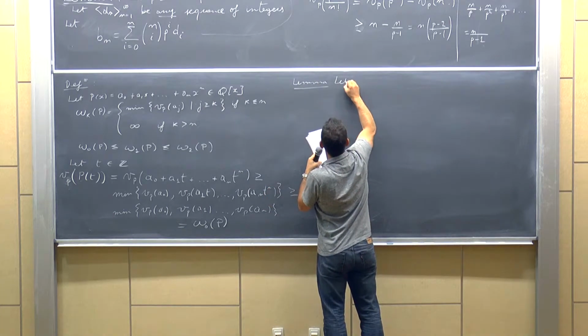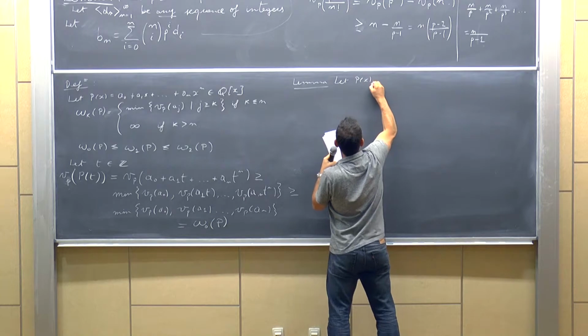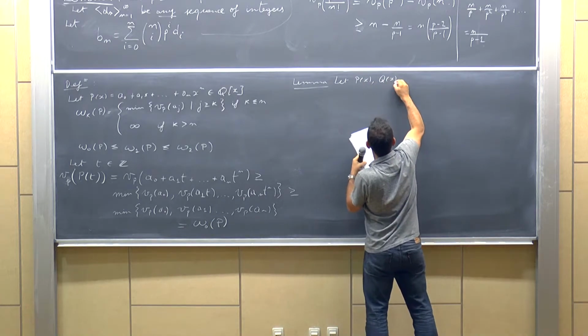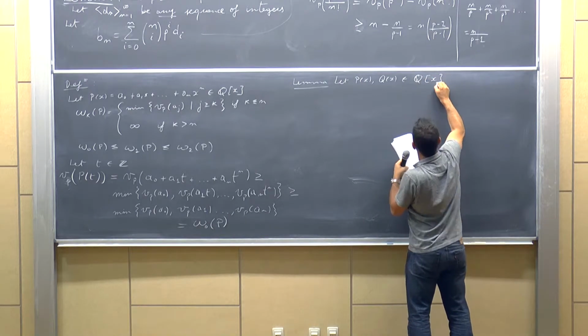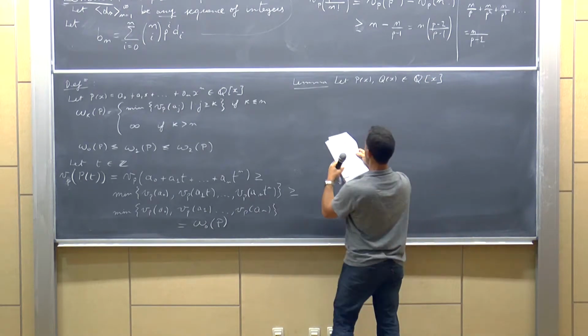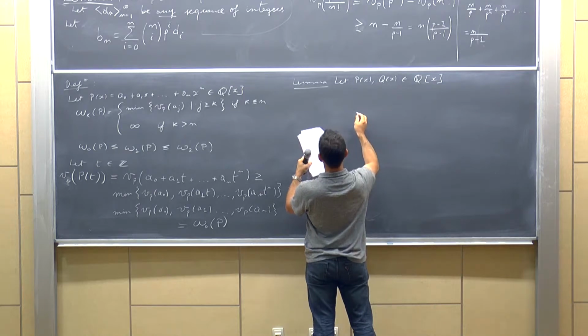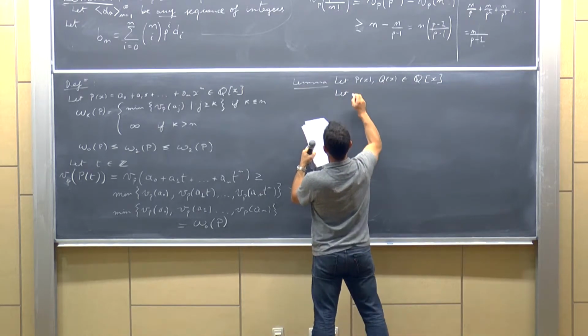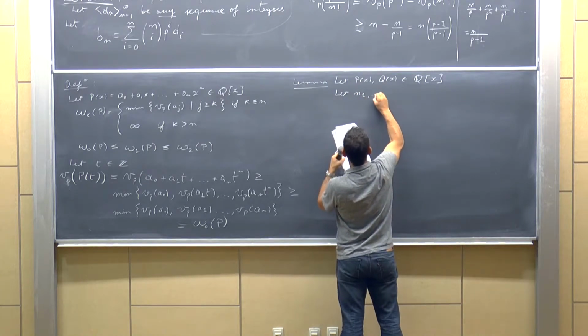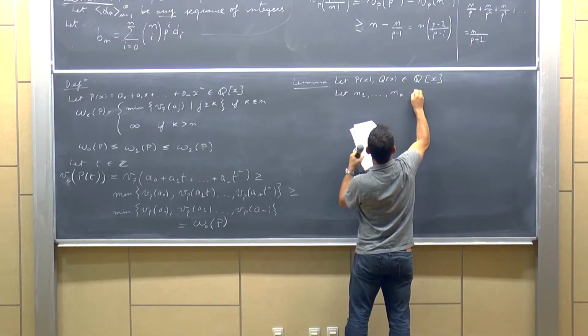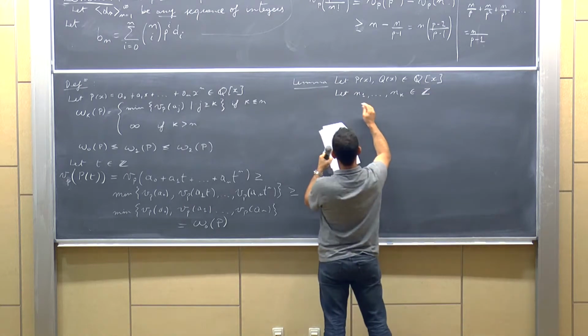So let p of x, q of x be polynomials with rational coefficients, and let n1 dot dot dot nk be integers.